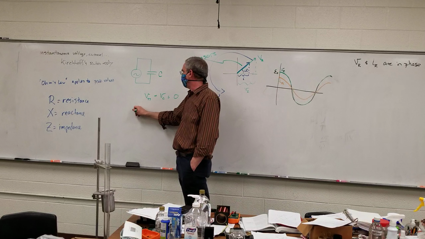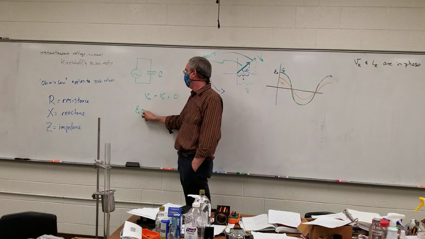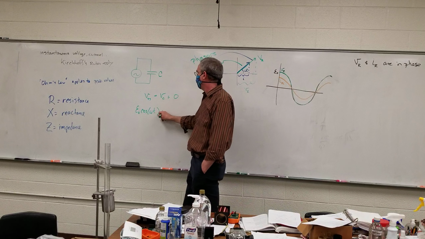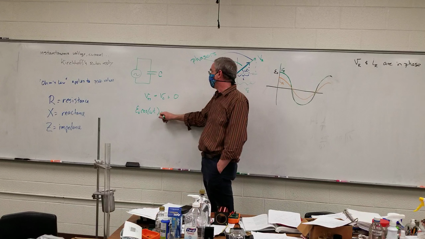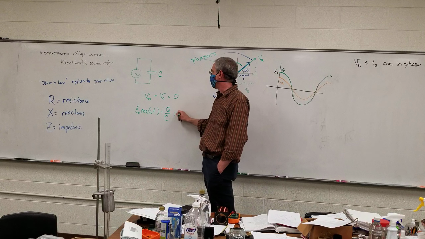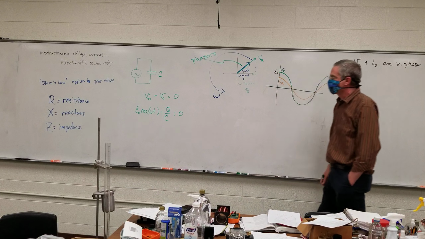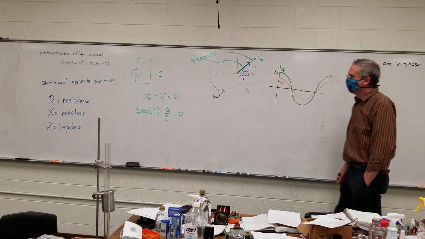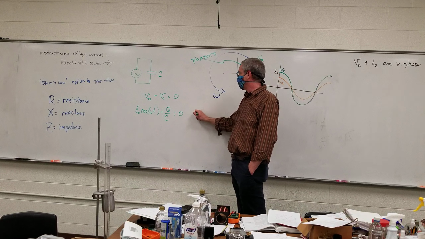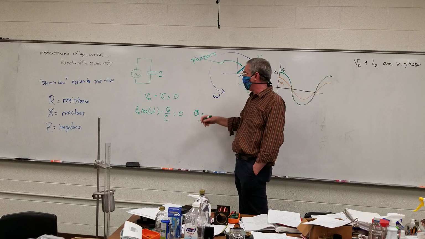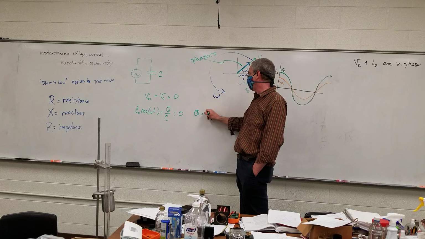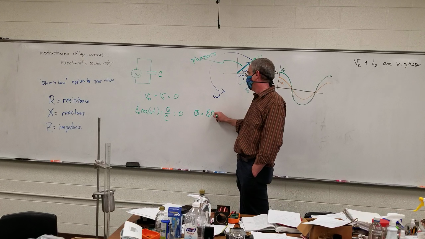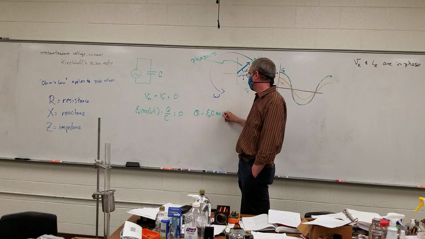Same as before, this would be epsilon sub naught cosine of omega t minus Q over C is equal to 0. We can solve for Q, which is the charge on the capacitor. Bring that over, times C. So I have epsilon sub naught C times the cosine of omega t.